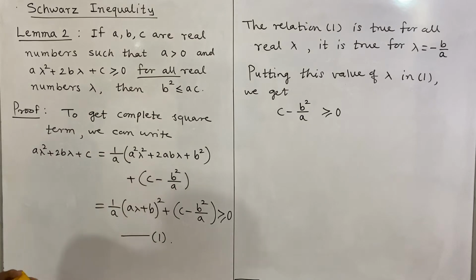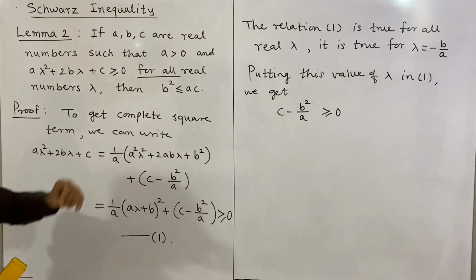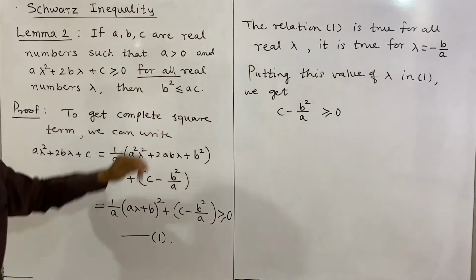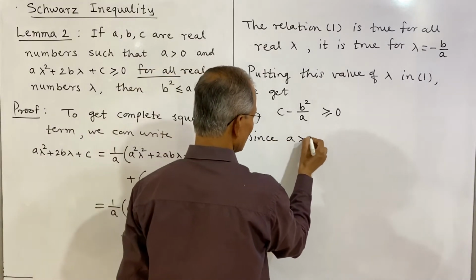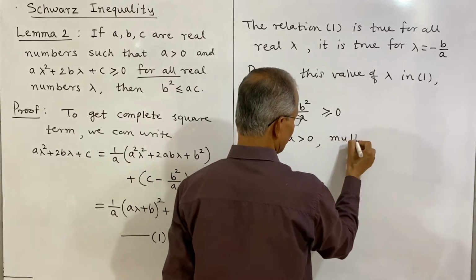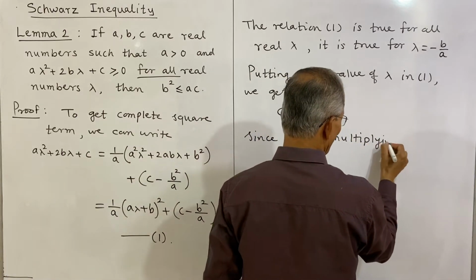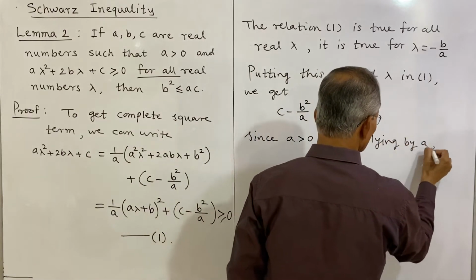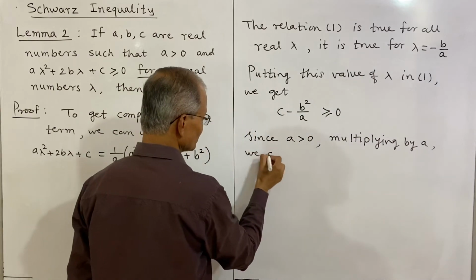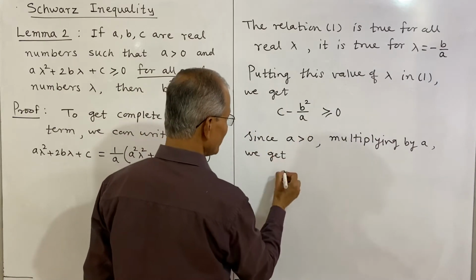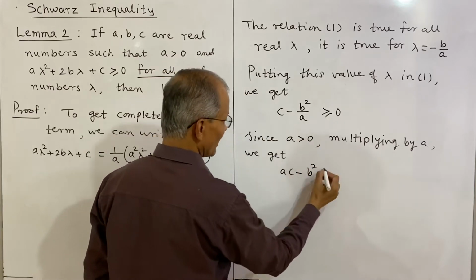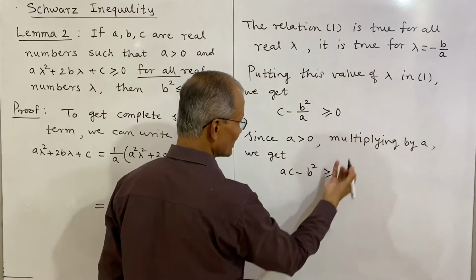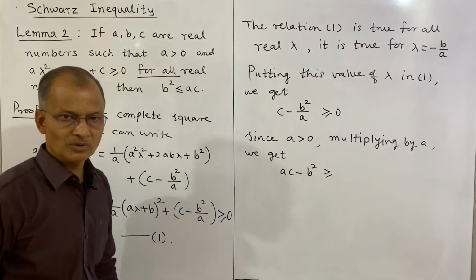Now we can multiply by A throughout this inequality because A is greater than 0. Multiplying by A, we get AC minus B square, greater than or equal to 0 into A, which is again 0; the inequality remains the same because A is positive.